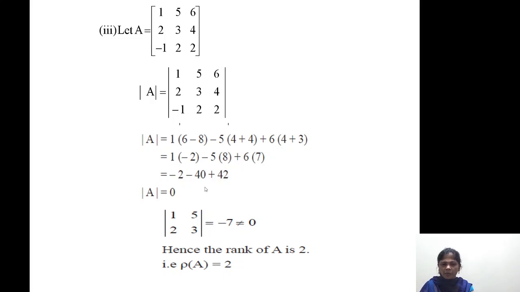So we shall find the minor of the next lowest order, that is order 2. Again, as I said, it is not necessary to find all minors of the same order, so we shall find them one by one. Here I am getting a minor of order 2 as non-zero, so we will not find the remaining minors of order 2. As the minor of order 2 is non-zero, the rank of this particular matrix is 2.